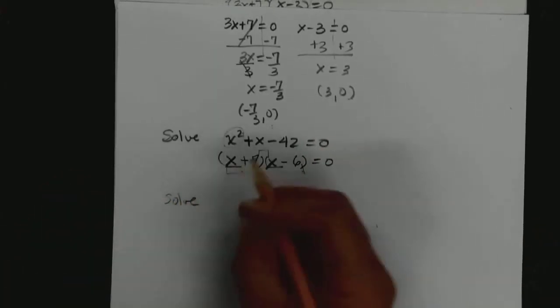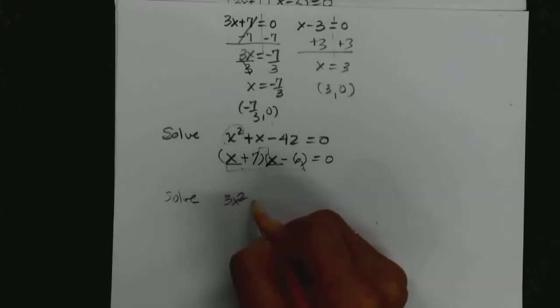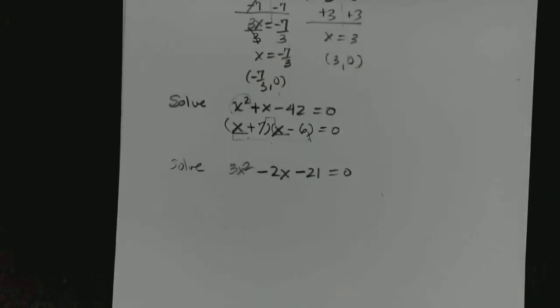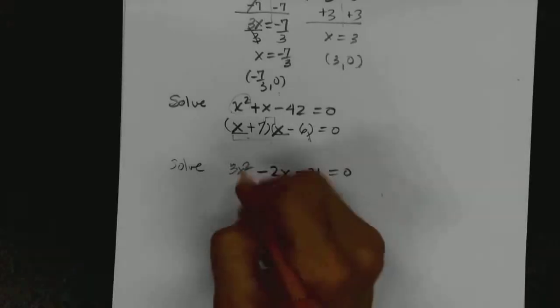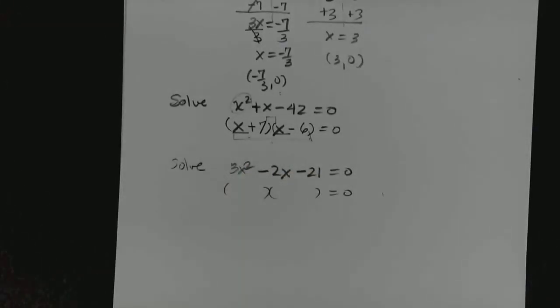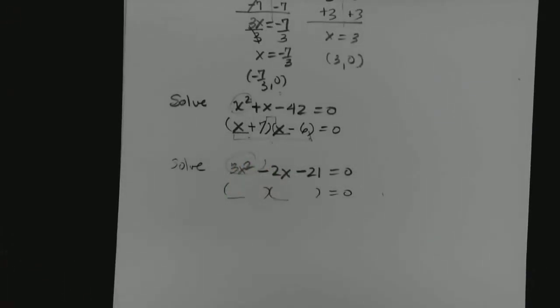I'm going to go back to example number 2's problem, 3x squared minus 2x minus 21. I'm going to show you how to do this without the ABCs and grouping and factoring. Ready? Same thing again. What times what is 3x squared?